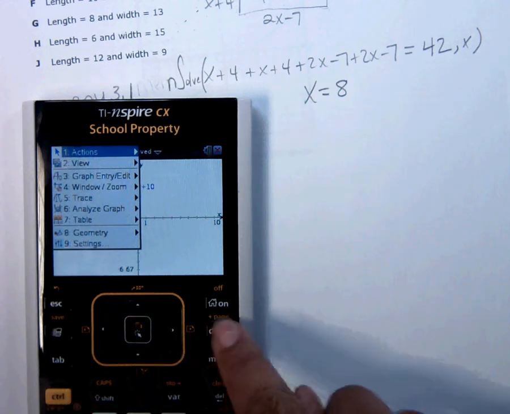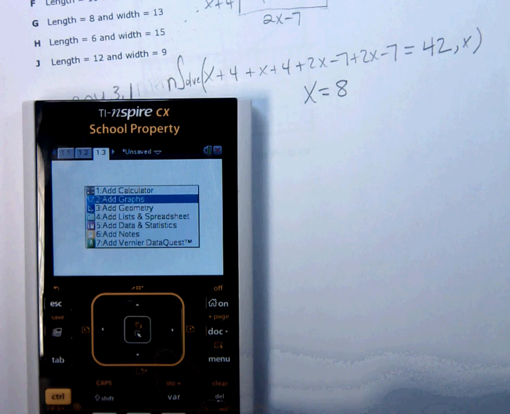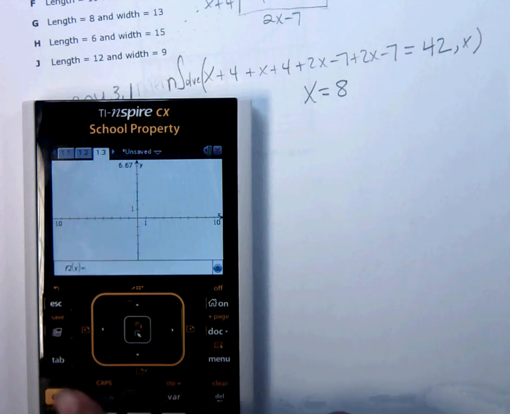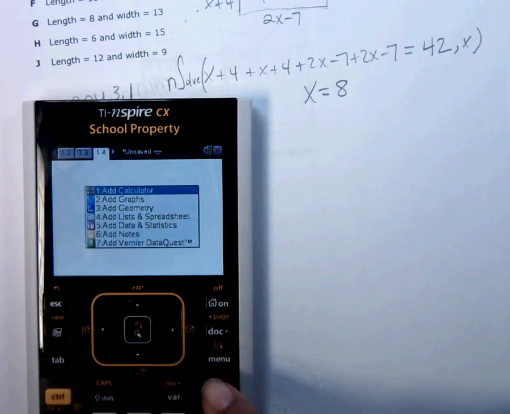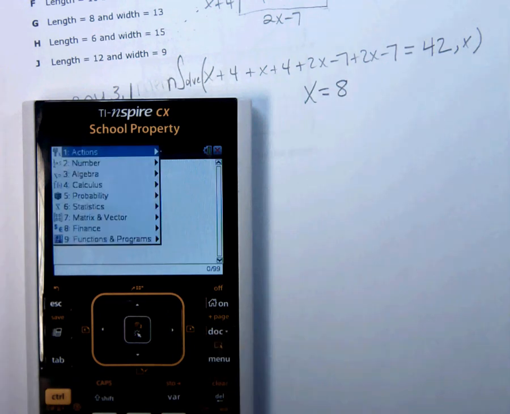Menu, wrong screen, control dock, add a calculator. I added a graph, so let's go back and fix that. Add a calculator. And menu 3, 1.